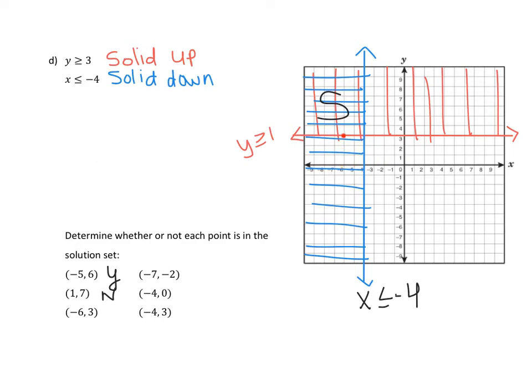It's on the solid line bordering that shaded region, so yes. -7, -2 is going to be down here, which is a no. -4, 0. It's right here, also a no. And -4, 3. It is on two solid lines, and it's at the corner of that shaded area, so that is a yes.